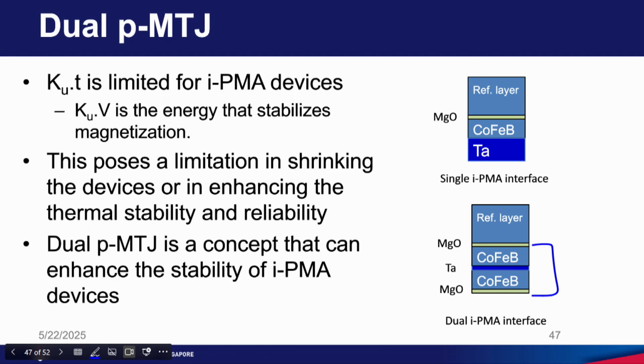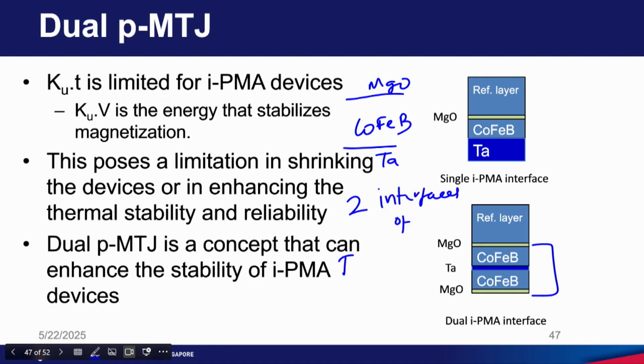Okay, so instead of having one tantalum layer and one magnesium oxide and one cobalt iron boron, this configuration smartly introduces two interfaces of tantalum, cobalt iron boron, magnesium oxide.